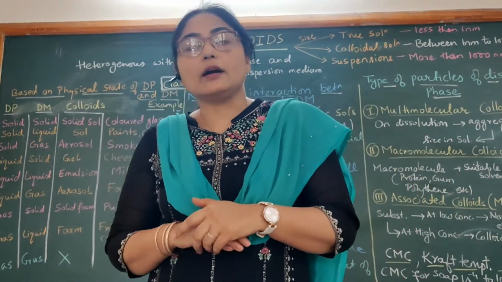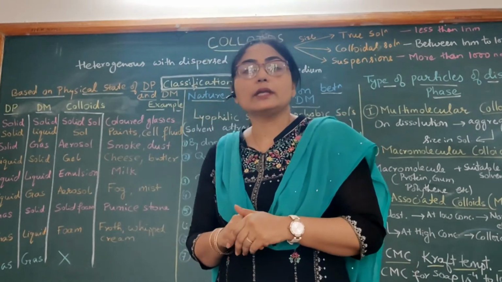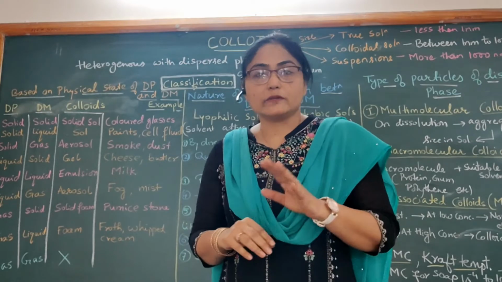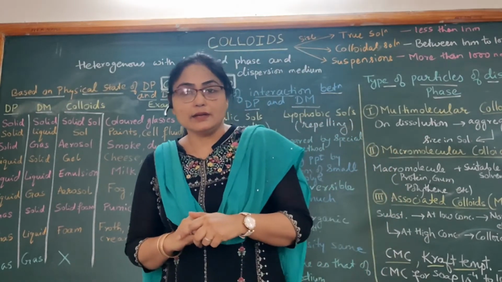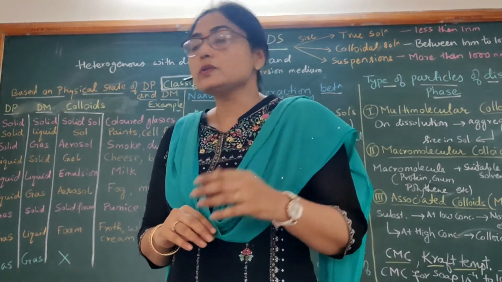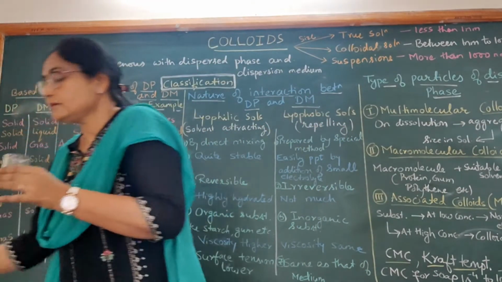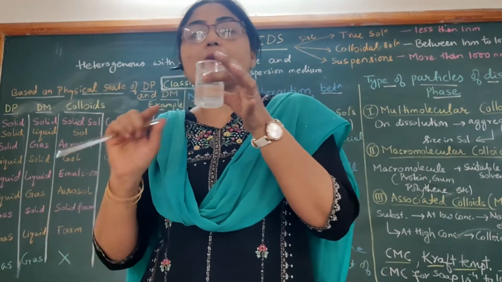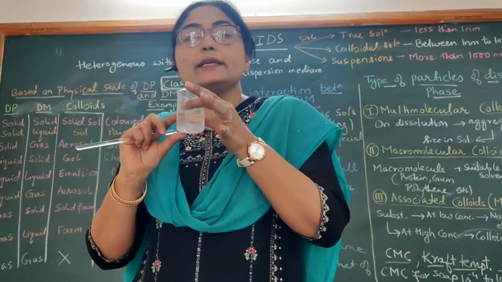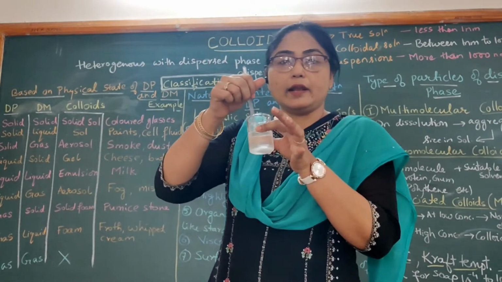According to the solution chapter, we know that there are two types of solution. One is the true solution, and another is the suspension. For true solution, for example, I have taken a beaker and there is water in it. Now I have added salt to it and stirred it very well.